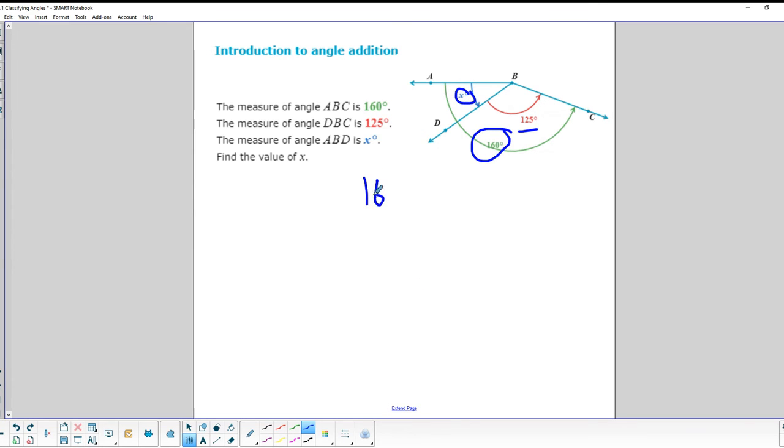So 160 minus 125 equals... well, x isn't 148 degrees.